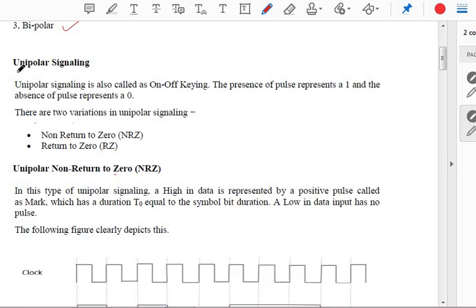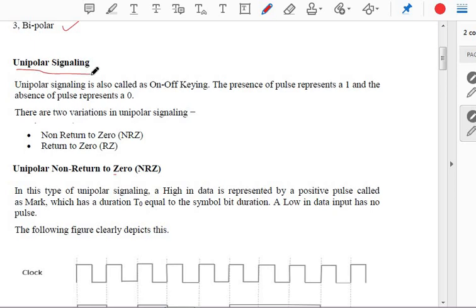Now the first type of line coding is unipolar signaling, or unipolar line coding. It is very simple and the same as the data. Bit 1 is represented by high voltage and bit 0 is represented by 0 voltage.